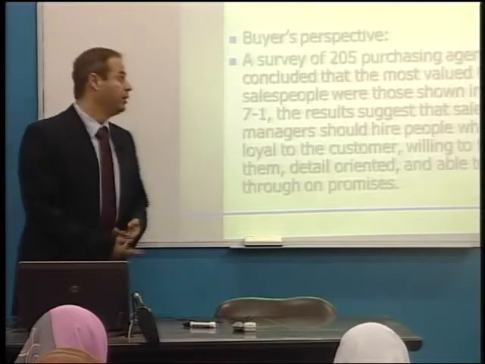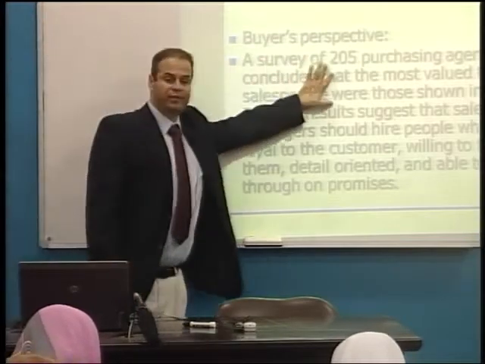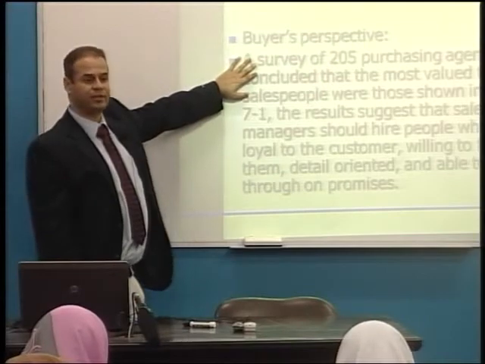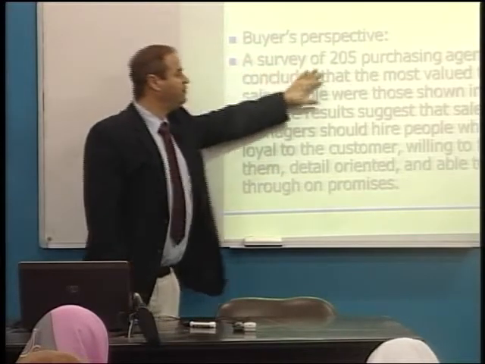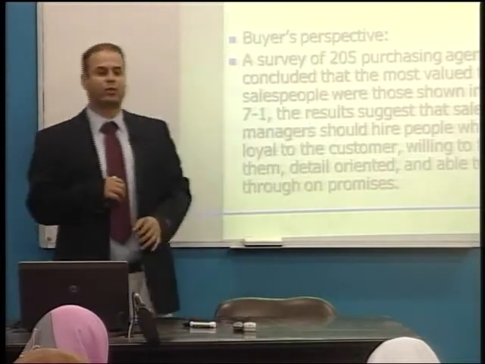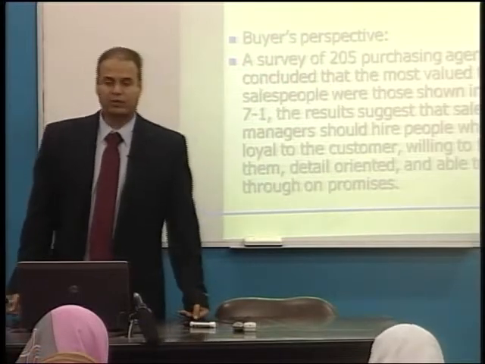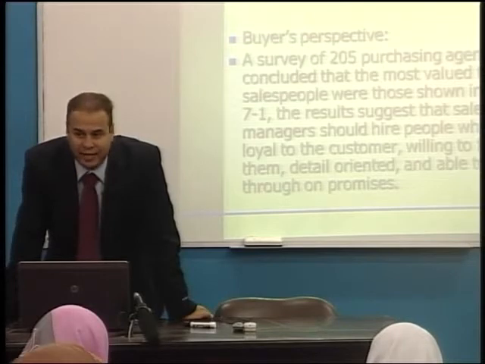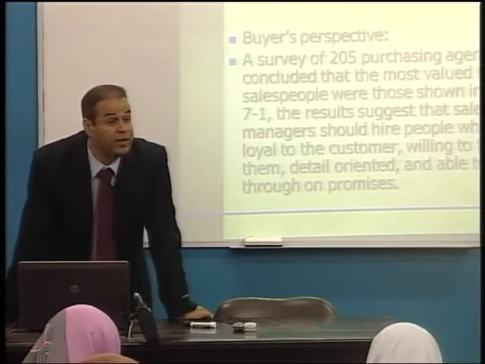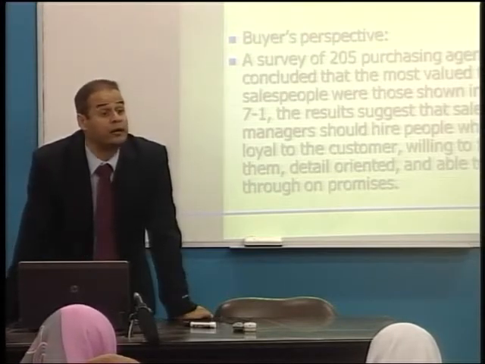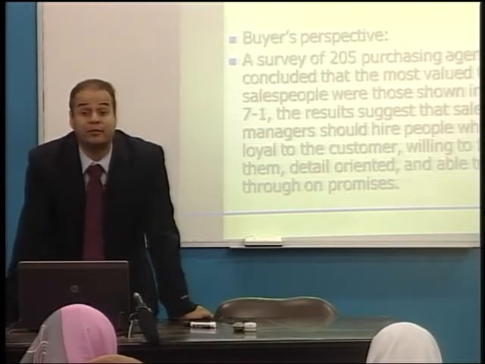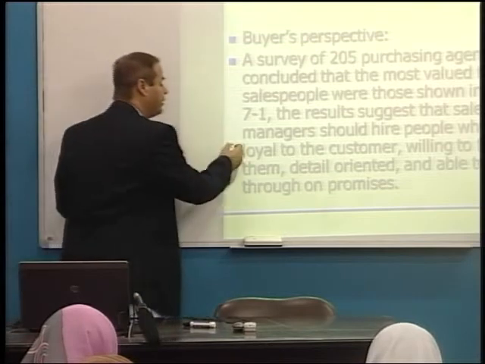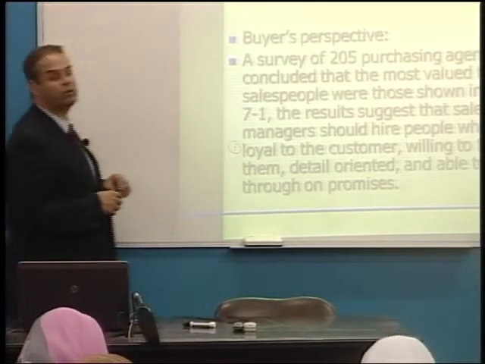So, we are going to talk about a survey which was distributed to purchasing agents. After it was collected, the majority of the purchasing agents said they are looking for specific traits in the character of the candidates whom they would like to hire as salespersons. Such traits include, number one, this person must be loyal to the customer.